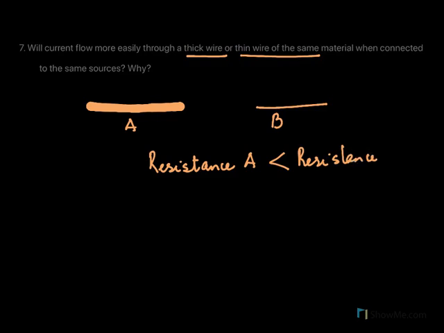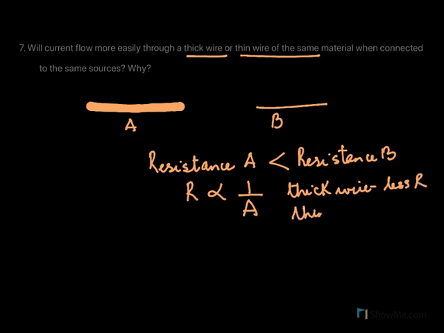And why? Which factor are we considering here? Thick wires always have less resistance because resistance is inversely proportional to area of cross section. Thin wires have less area of cross section, so they have more resistance.